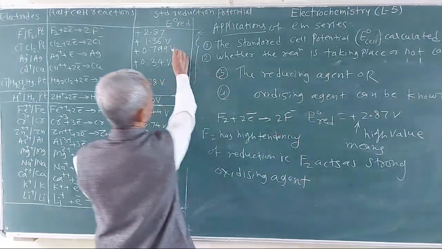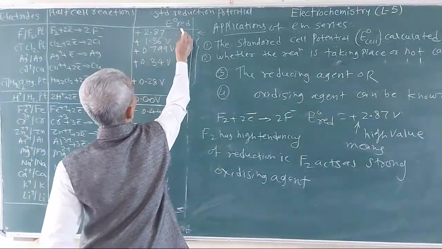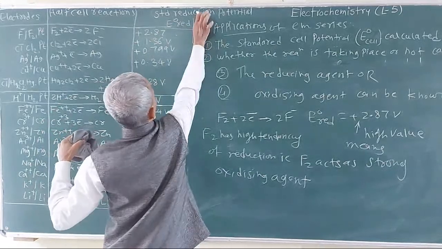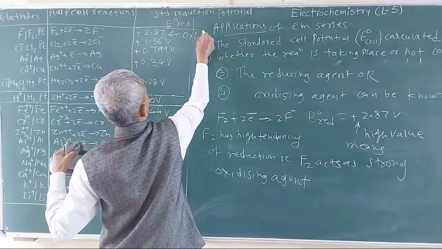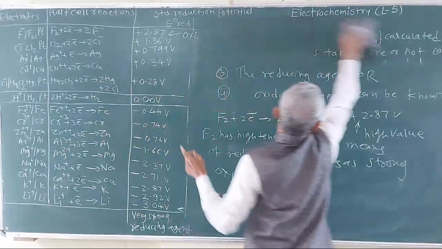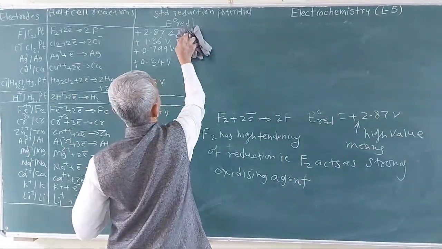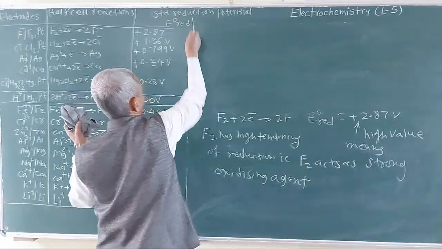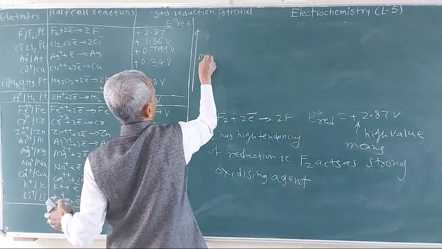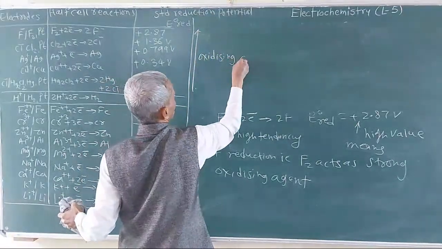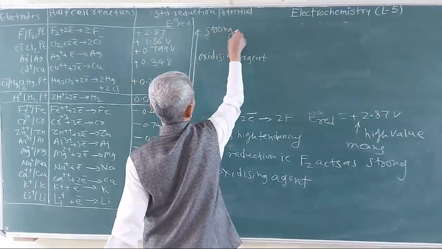So here, this is the case. Now, one can write here, this is a strong oxidizing agent. On the basis of this, one can write that these electrodes are strong oxidizing agents.